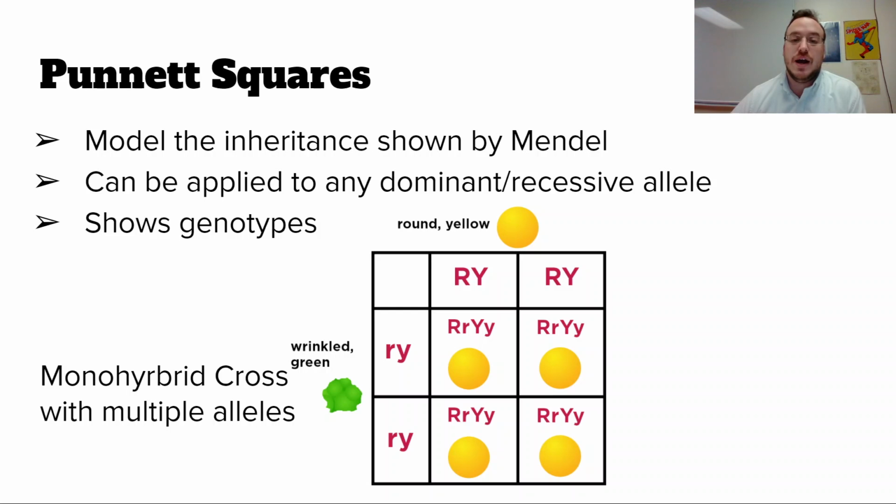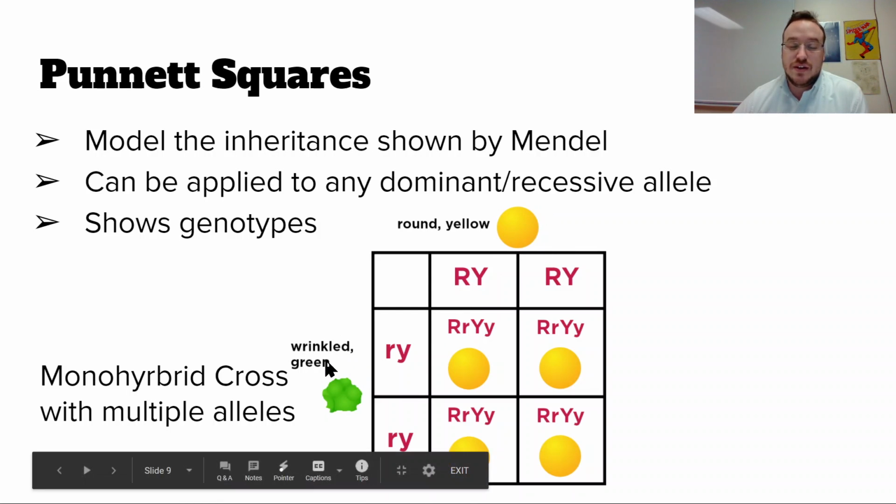So this is a dihybrid cross with multiple alleles. So a round yellow that is dominant and homozygous, right? Because it's got two capital R's and two capital Y's. So both alleles are homozygous. They're the same, and they are dominant. So it's going to be round and yellow, capital R, capital Y.